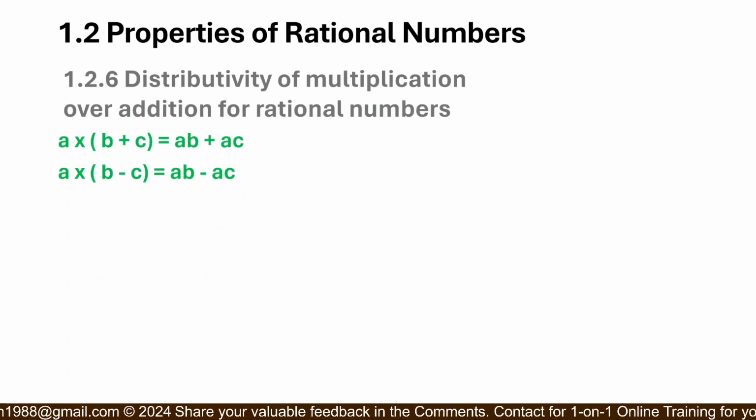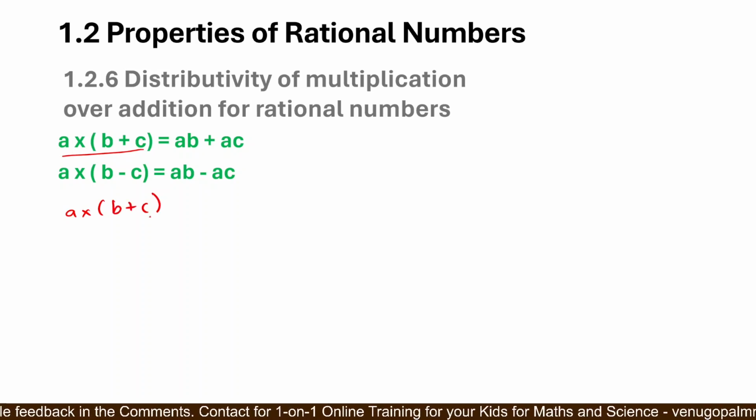Okay. So now the distributivity of multiplication over addition for rational numbers. What this property says is, if you have 3 rational numbers in a form of A cross B plus C, how can I solve this?